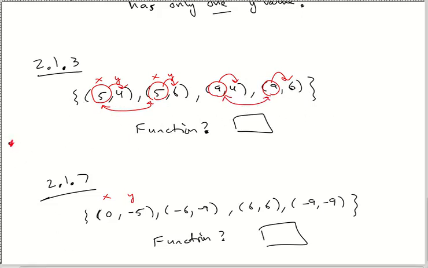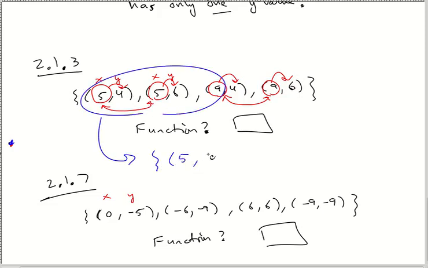I'm using finger quotes here because it's not a simplifying thing. I'm making a point that this is written too long, and I think I need to condense it down. What they're trying to say with these two right here is that we have 5, 4, and 6. And right here with these two guys, they're saying we got 9, 4, and 6.